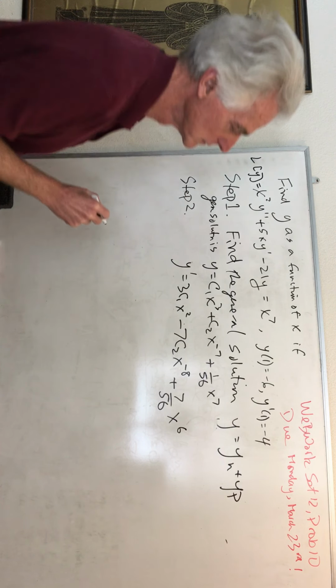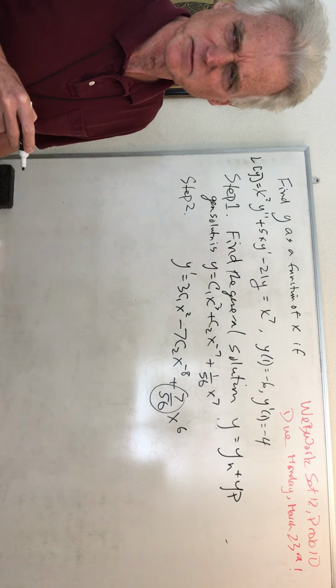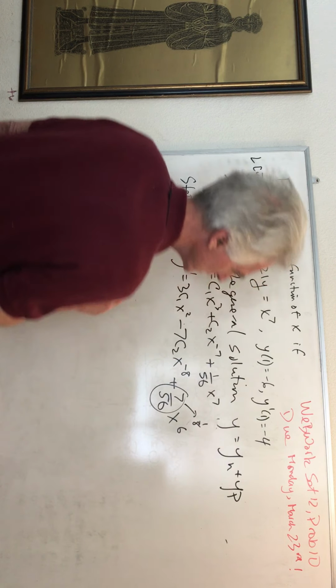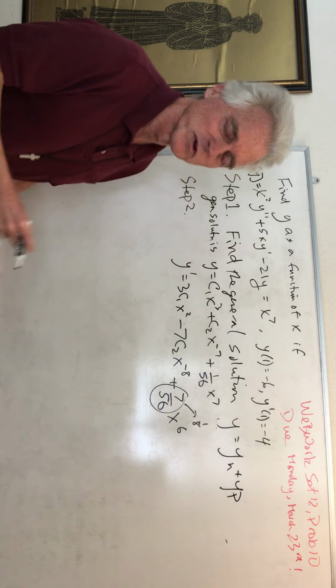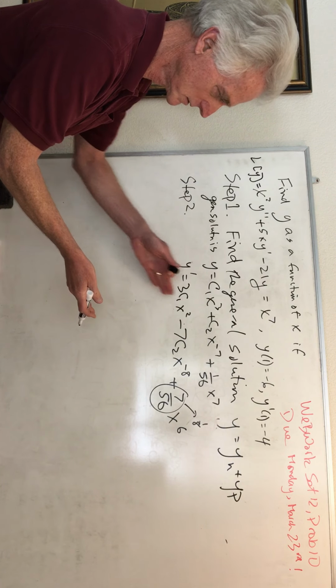All right. So you notice that 56 is 7 times 8, right? So this is equal to 1 over 8. That will be useful. All right. So remember, we got to differentiate and then set equal to 0.